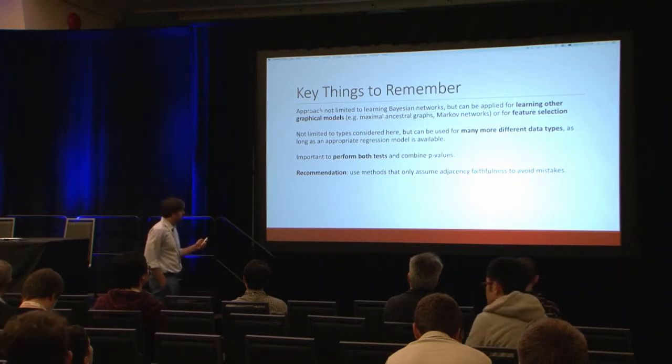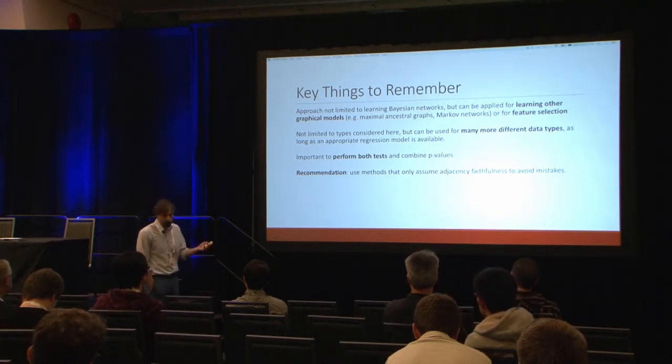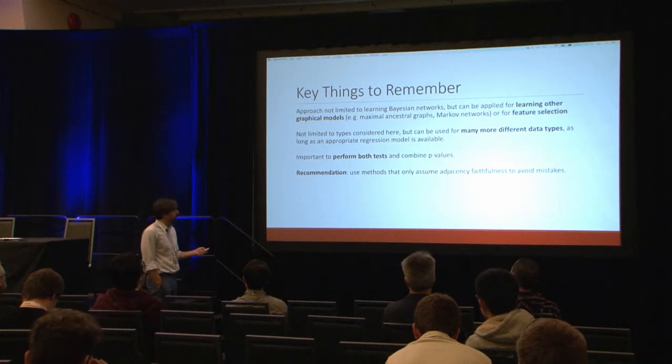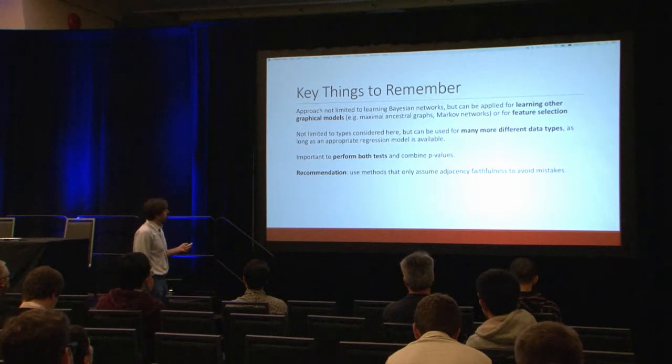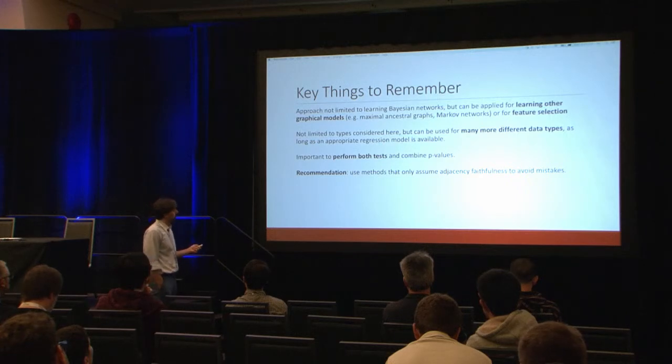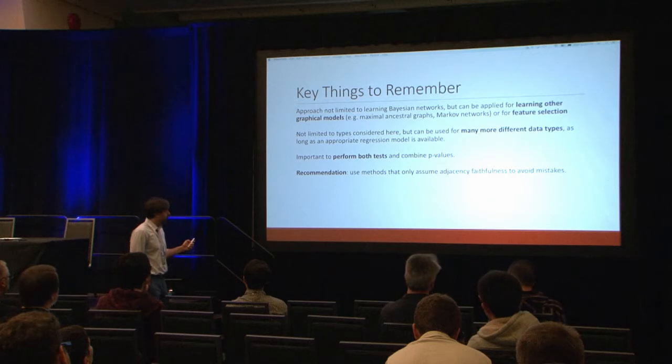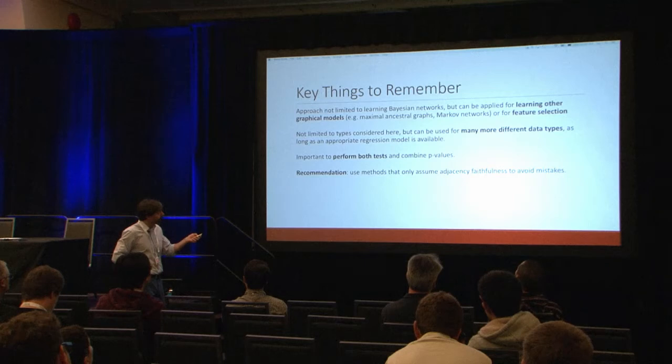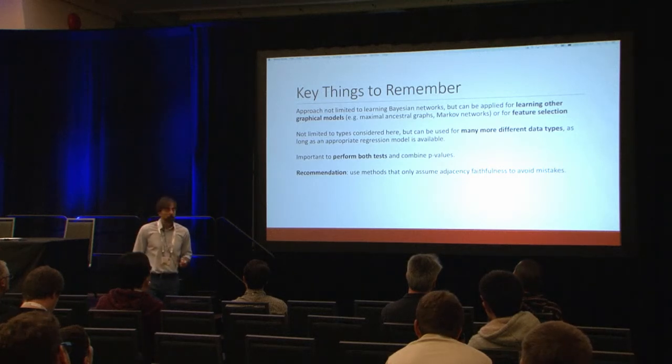The tests that I presented today are essentially for nominal, ordinal, continuous, and so forth, but essentially the results should extend to many different types of data, as long as an appropriate regression model is available. The main result that we find is that it is important and reduces your reconstruction error if you perform both tests in each direction, and then you combine the dependent p-values with a statistically based formula.